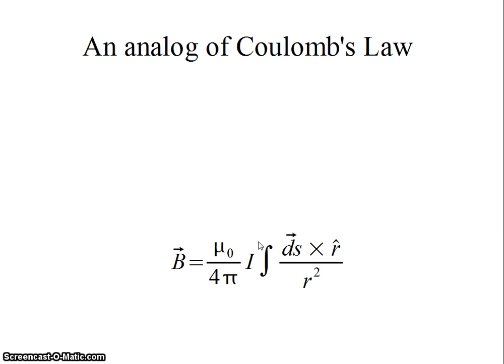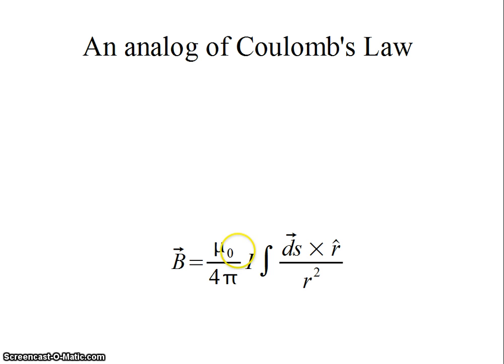When we introduced the Biot-Savart law, I called it an analog of Coulomb's law. It's analogous in the sense that it has this 1 over r squared, and it depends on the current, where Coulomb's law depended on charge. And in the formulation of Coulomb's law that applied for electric fields, you only had one charge.